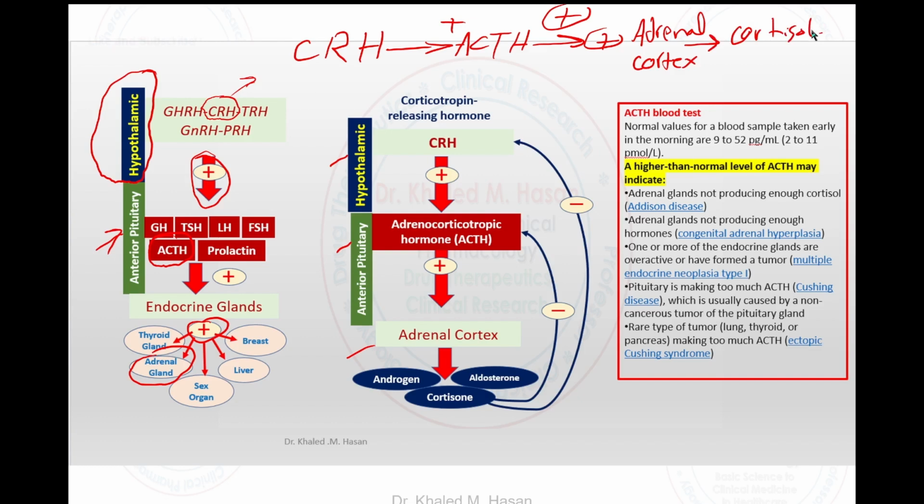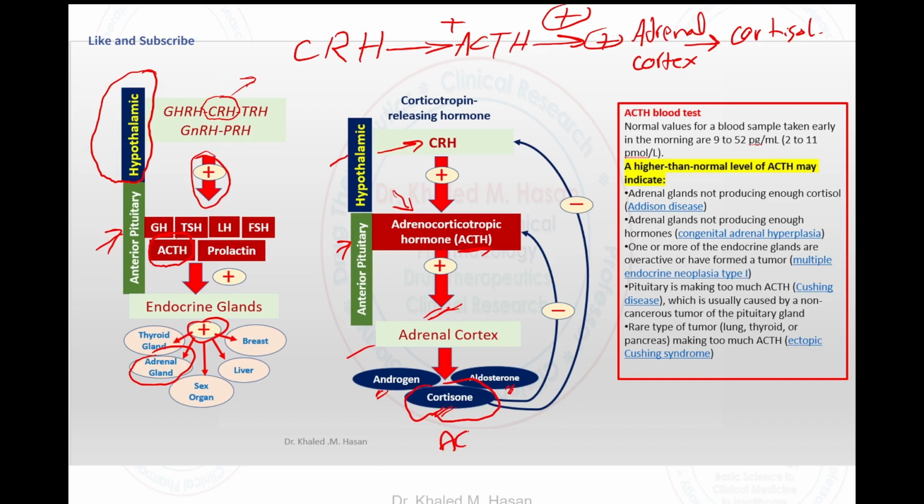So this answers the question. The hypothalamus produces CRH. CRH stimulates the anterior pituitary to produce ACTH. Now ACTH stimulates the production of mainly cortisone, a little bit of androgen, and another amount of aldosterone. So we have three main hormones, but cortisol is the main hormone produced under the effect of ACTH.